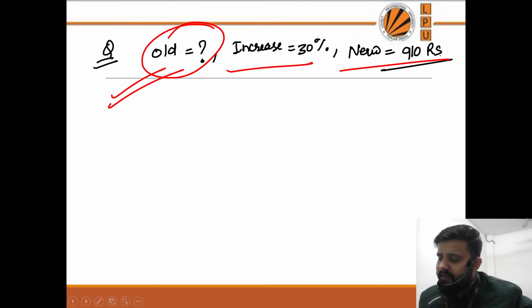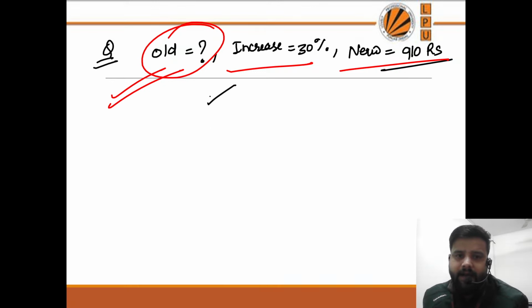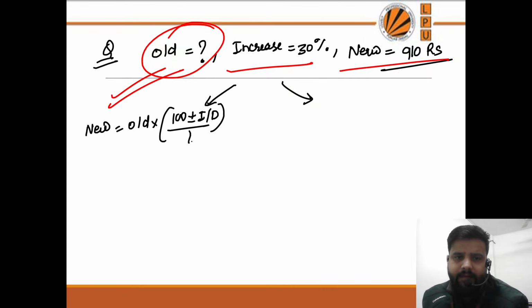Okay, many of you answered it correctly, and it is correct. Listen again, how would I do it? I would tell you using both the methods. First, I wrote a formula there: new value is nothing but old multiplied by 100 plus or minus the increase or decrease, divided by 100.